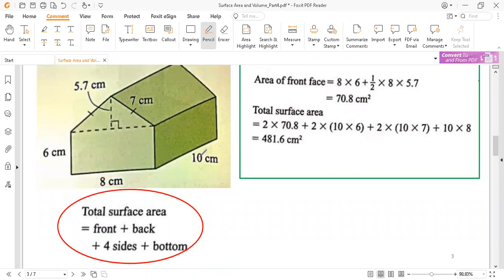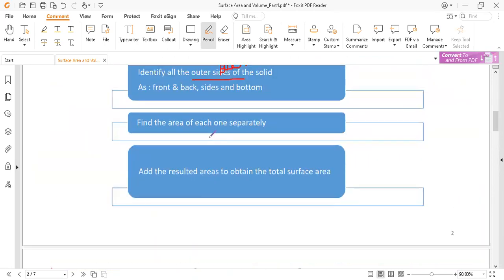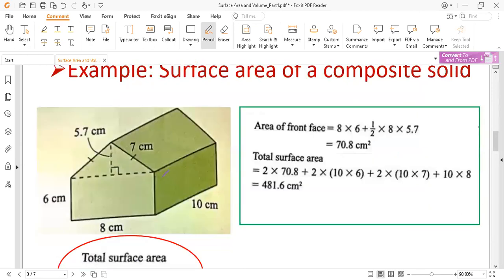But we aren't focusing on splitting; we split it only when we want to compute its volume. Right now we are focusing on the outer faces.